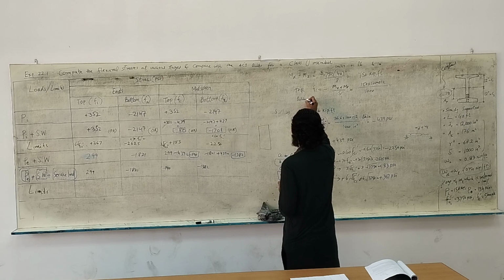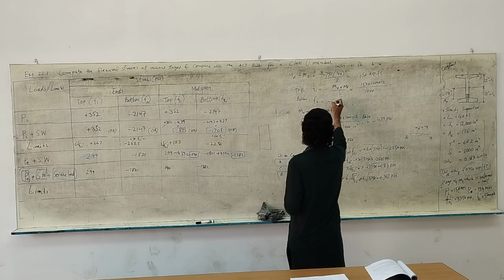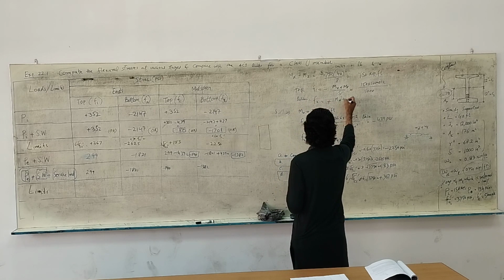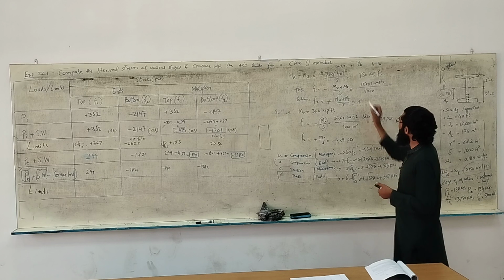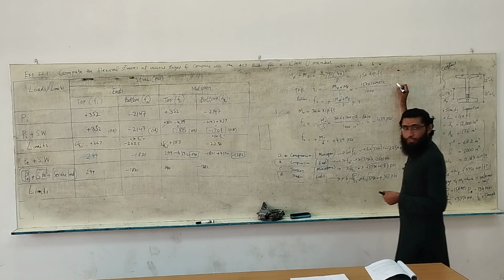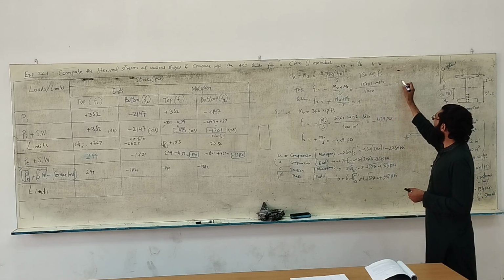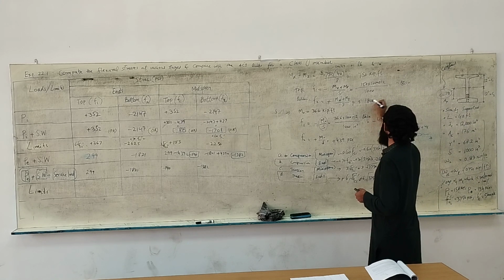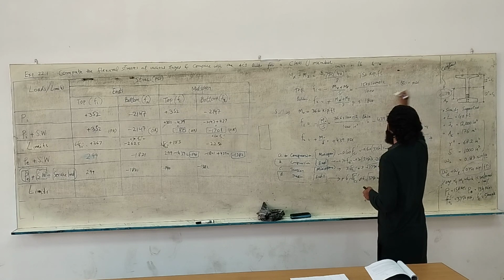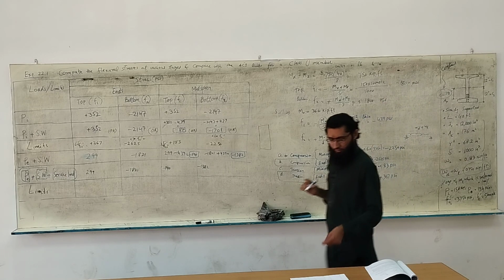For the bottom, we have (Md plus Ml) over S, just the negative. This is minus 1800, and this will be plus 1800 psi. Okay.